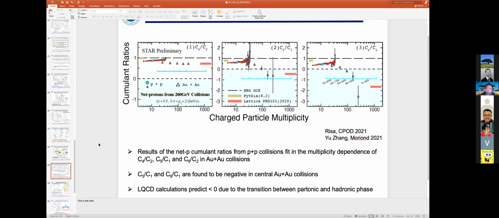Since we are on this plot, I have a question. For the protons, the cumulant ratios are not at 1, right? Is this because of the baryon-proton difference, or is it some other correlations? And if it is some other correlation, how does it impact the goal measurements?